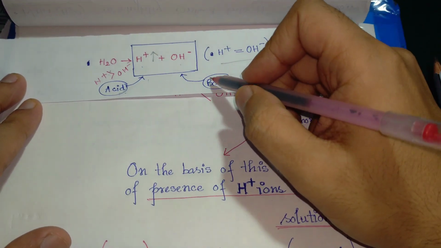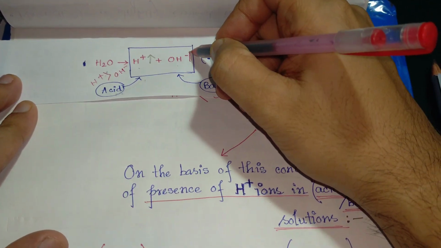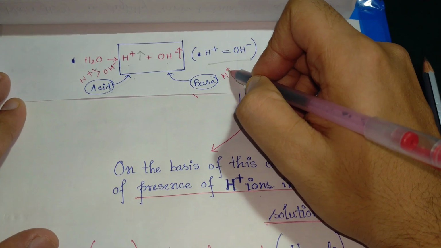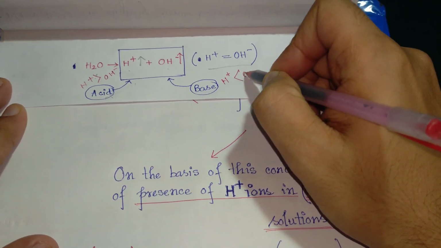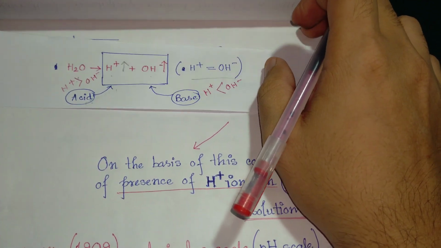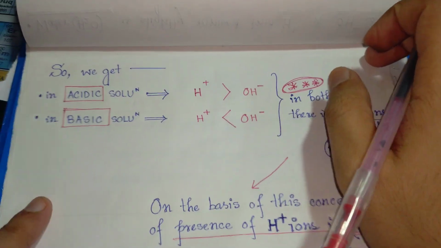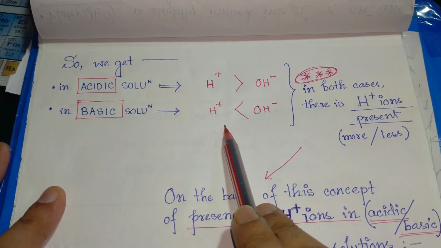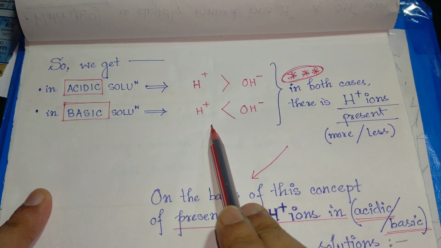And when we add base, the OH minus count increases. So here the H plus count is less than the OH minus count. So this can be stated simply: in acidic solution the H plus is more, and in basic solution the H plus ion count is less.